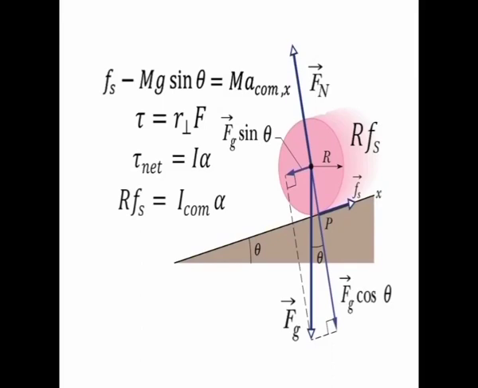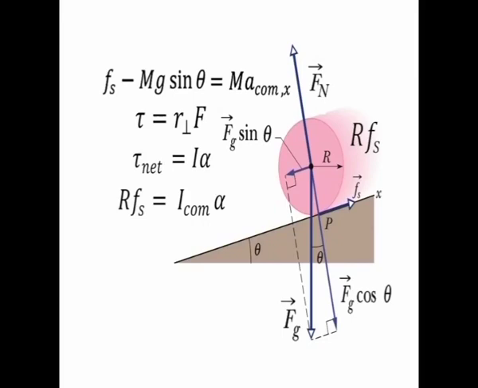This equation contains two unknowns, Fs and alpha. Because the body is rolling smoothly, we can use the equation a_COM is equal to alpha r to relate the unknowns a_COM and alpha. But we must be cautious because here a_COM,x is negative, that is in the negative direction of the x axis, and alpha is positive, that is counterclockwise.